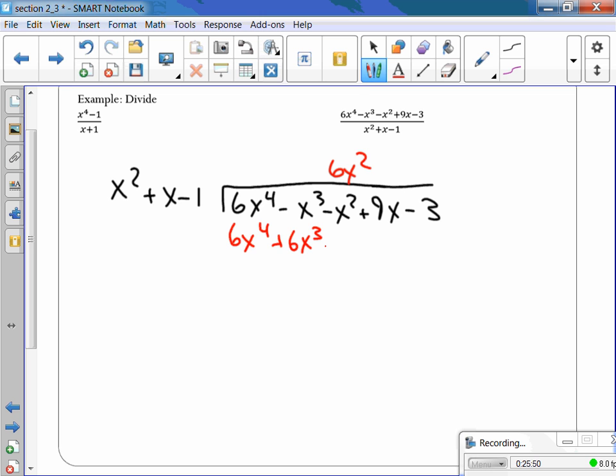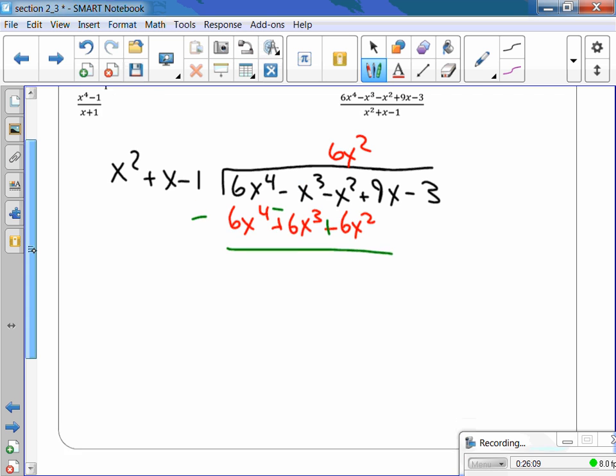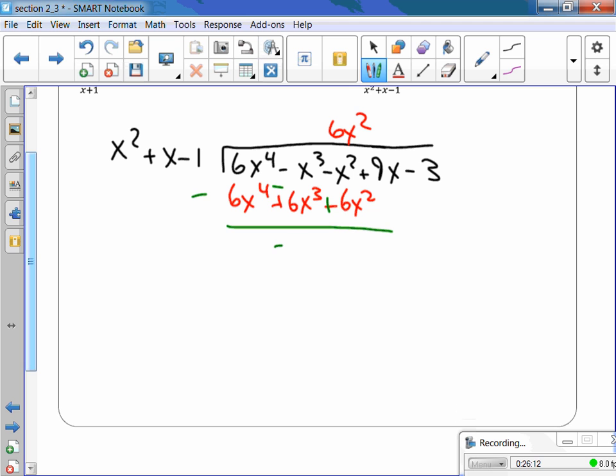What do we do next, Blake? Subtract. So you get negative 7x cubed plus 5x squared. And if you break it down, absolutely. Get that negative 7x cubed minus 5x squared plus 9x. Brandon? It's going to be minus 7x.